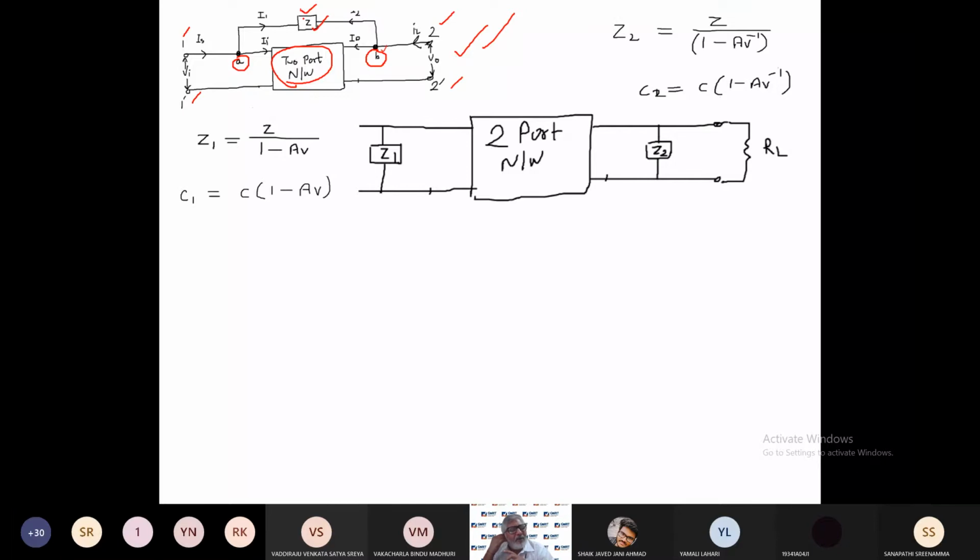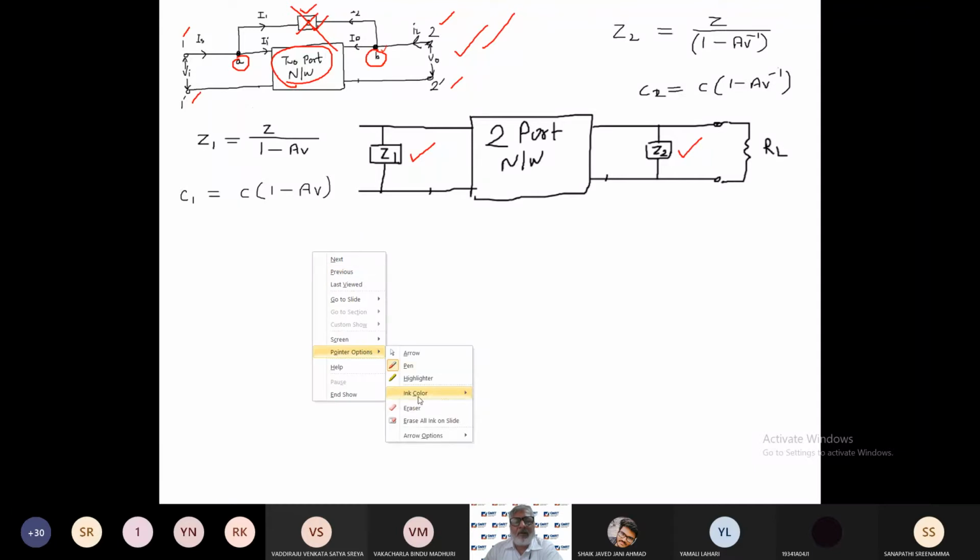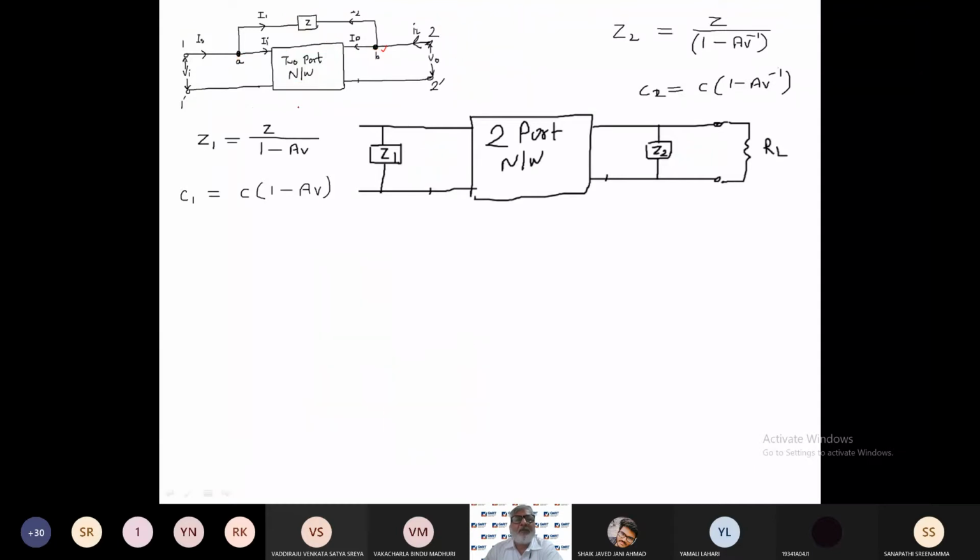So we will use the Miller theorem, and in Miller theorem, what will be done? This Z will be removed from here, and one impedance Z1 will be connected at the input side. Okay, and another impedance Z2 is connected at the output side. So here the feedback impedance Z is removed, and it is split in two parts.